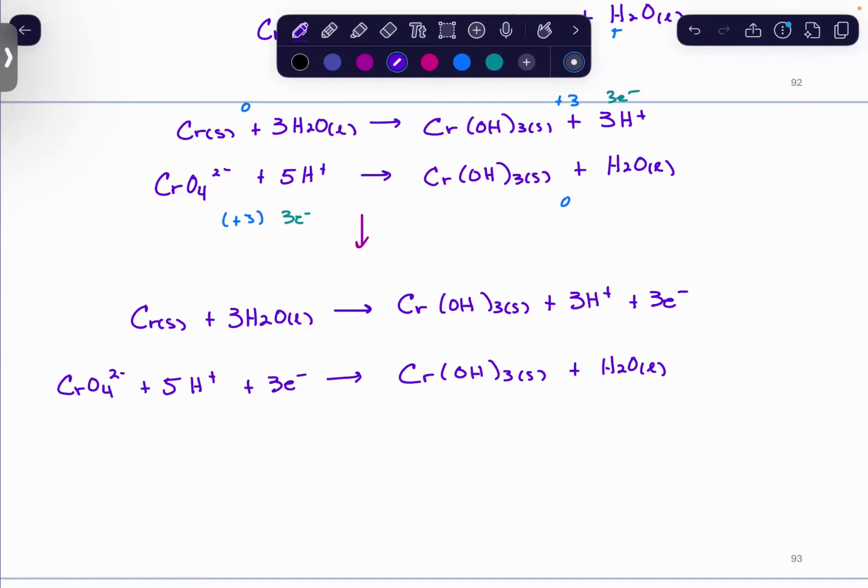Now, this is the point where the next step we would do would be to multiply these equations to get the same number of electrons in each one. However, that's already done. So the next step we're going to go to is adding these equations together.